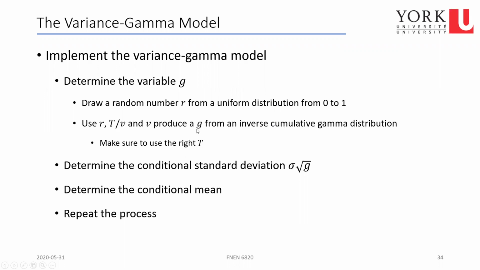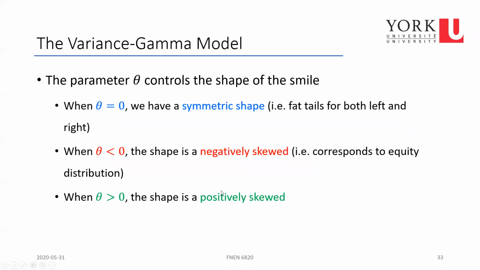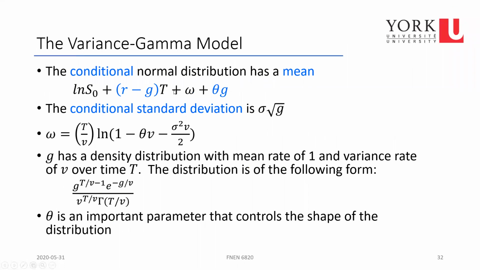You get that by looking at the right T, which is time to maturity, and you need the variance of the gamma distribution. Once you have that, this will give you the conditional standard deviation on the conditional normal. And then you will also be able to determine the conditional mean based on this one here.